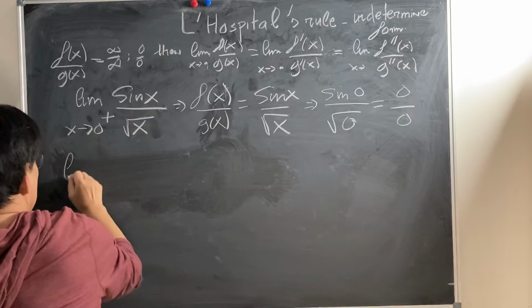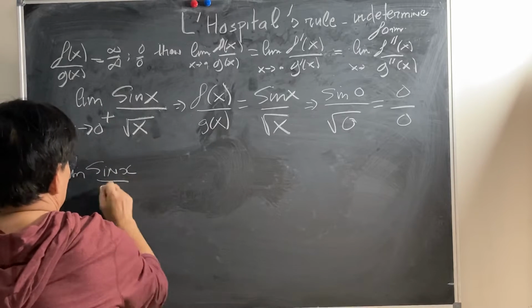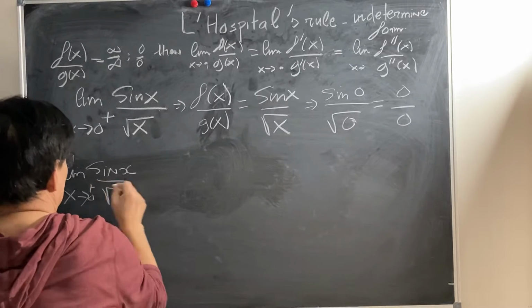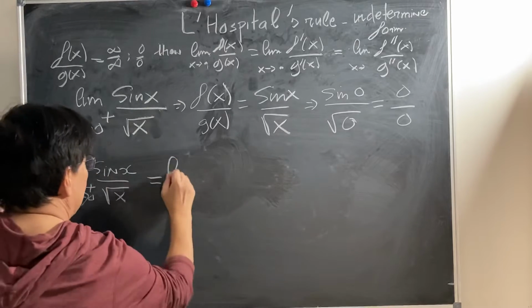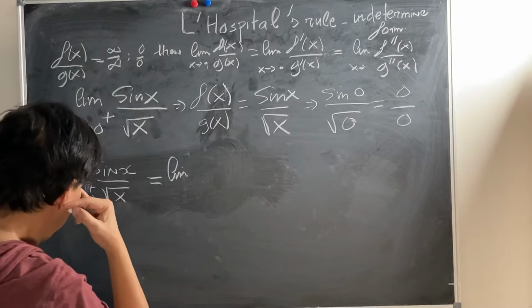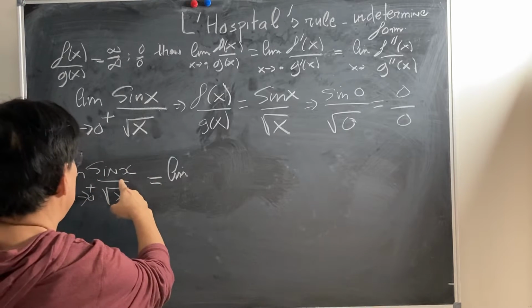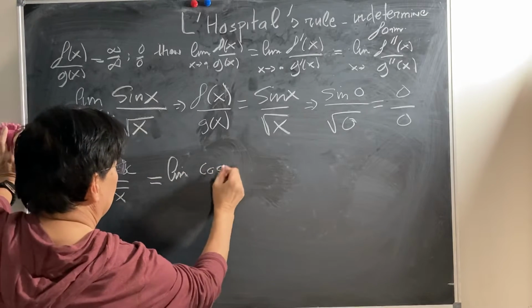So we have the limit of sin x over square root of x as x goes to 0 plus, which will be equal by L'Hopital's rule to taking the derivative of the numerator sin x. The derivative of sin x is equal to cosine x.